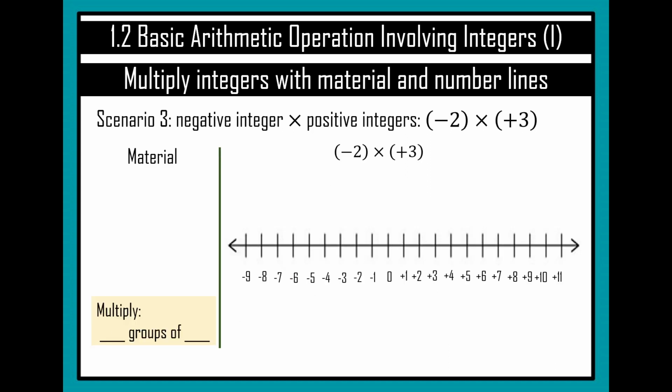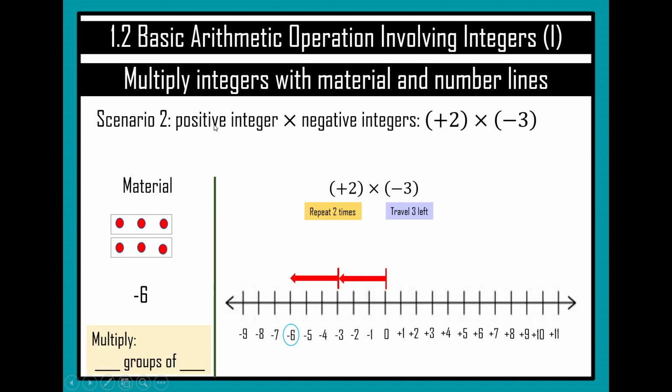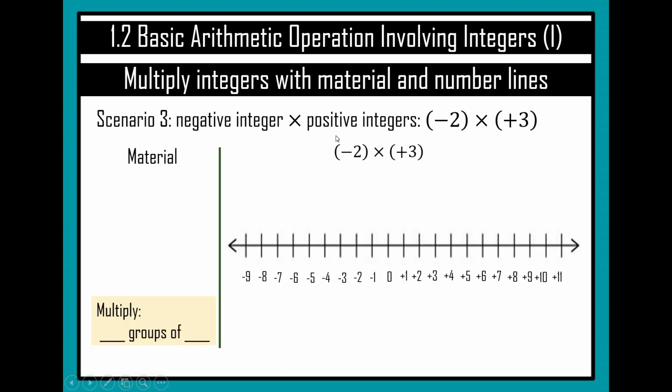The third scenario is a negative integer multiplied with a positive integer. Previously, it was a positive integer multiplied with a negative integer. Right, this will be read as 2 groups, each of them having 3 circles.